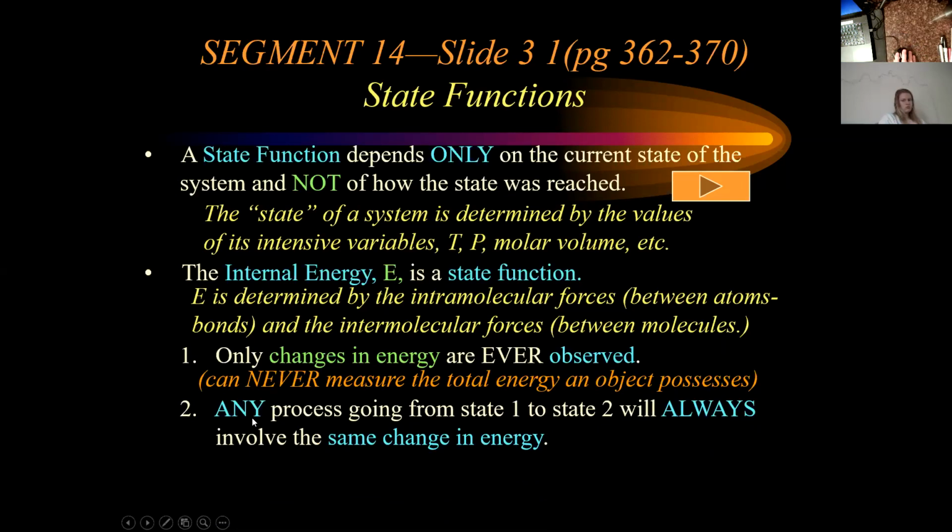Now, any process that takes me from state 1 to state 2 always involves the same energy change. And we're going to make really good use of this a little bit later. It doesn't matter how we do it. We can do it actually in the lab and measure it, like they did in Hess's law in the experimental part.